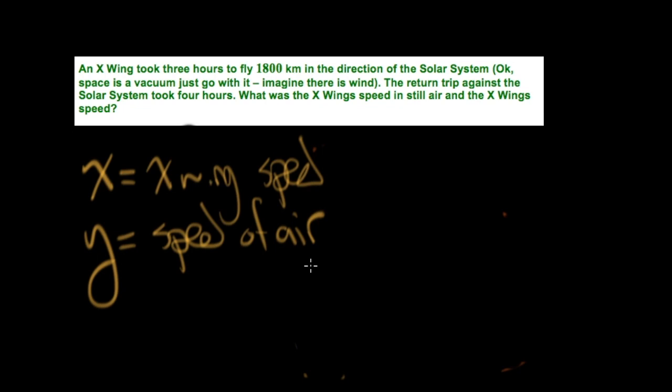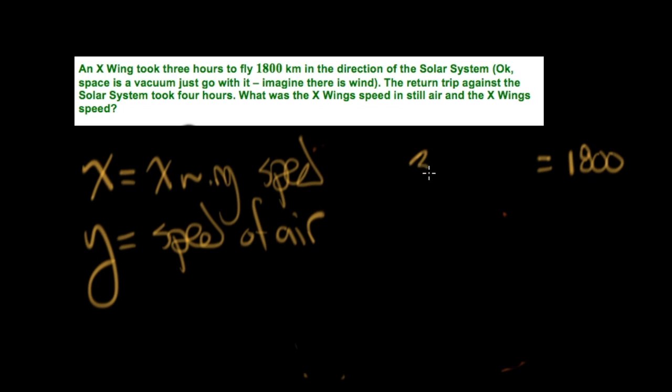So it took 3 hours to fly in the direction with it. So we're going to be going with that. So the distance is going to be 1,800, right? And distance is equal to speed times time. So the time is 3 hours, and it went in the direction with it.